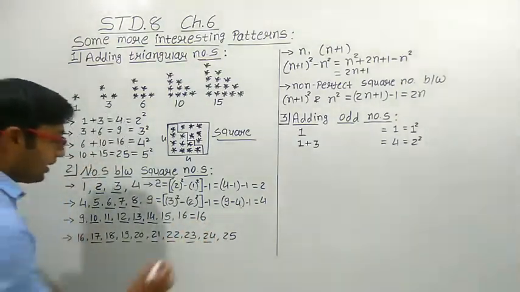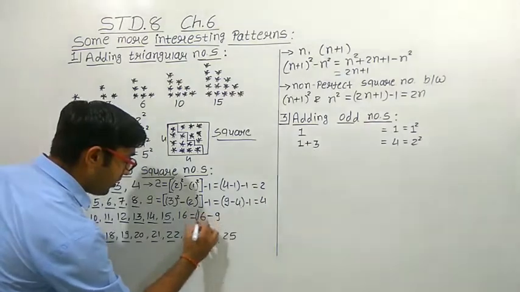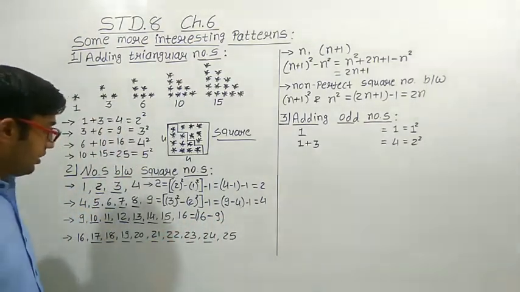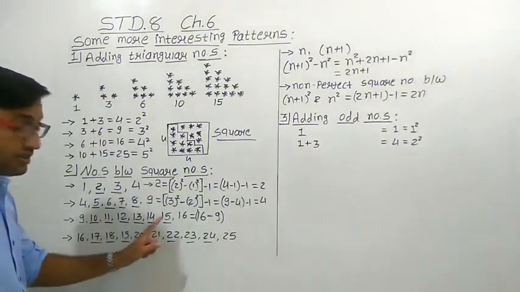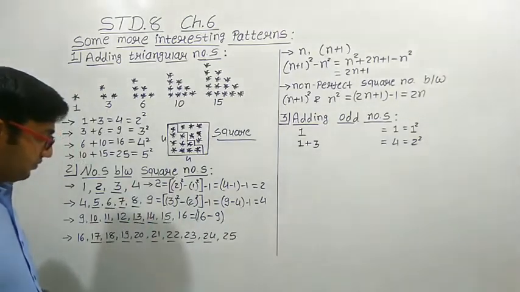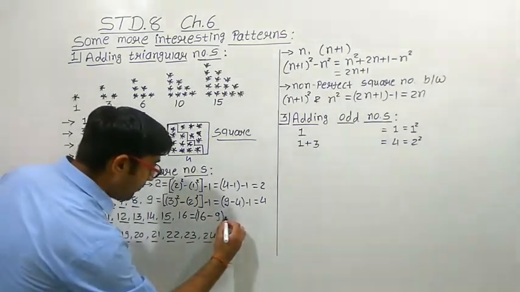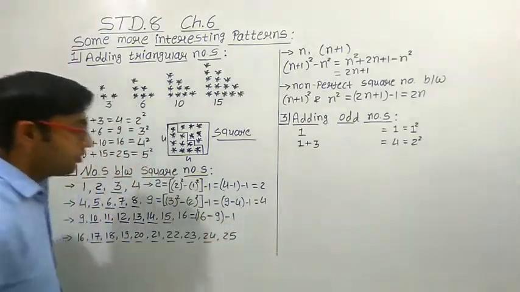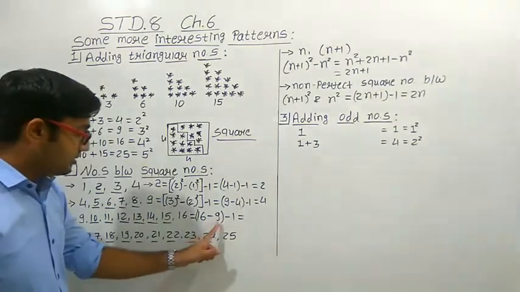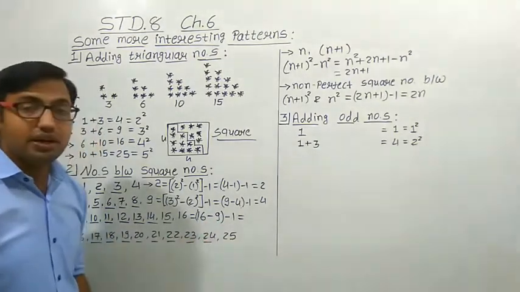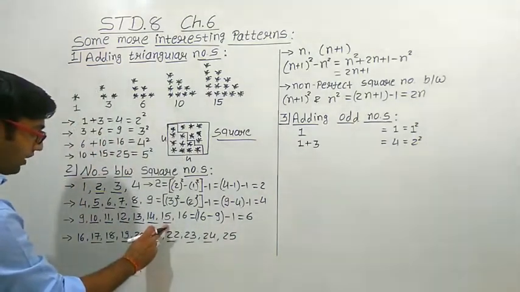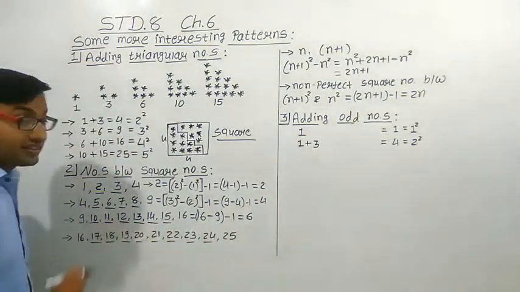We have to subtract 9 from it. 16 minus 9 is 7. But we must subtract one more from it. 7 minus 1 is 6. So how many numbers do we get? Non-perfect squares: 1, 2, 3, 4, 5, 6.